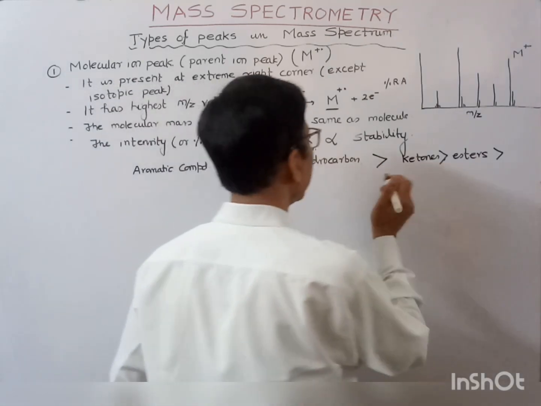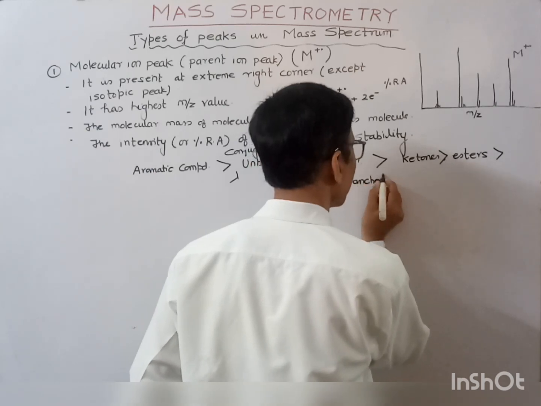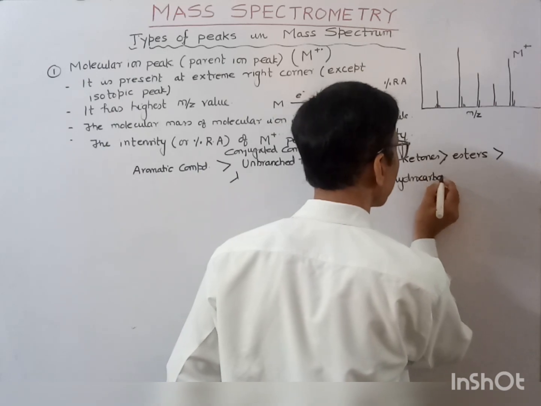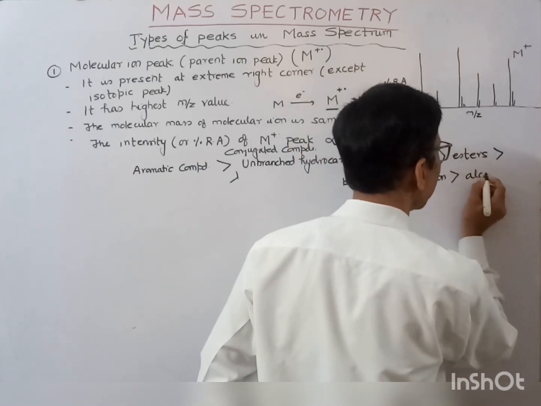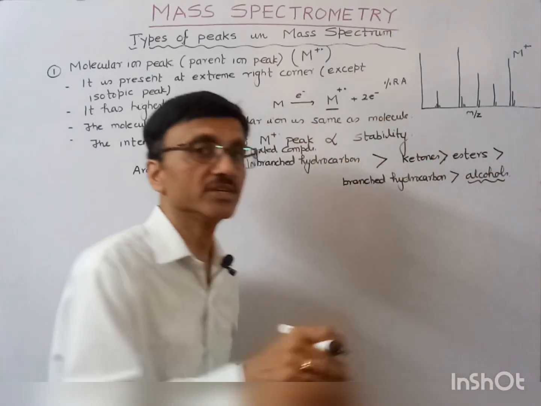Then we may have a branched hydrocarbon, and then alcohols. And you know, dehydration of alcohol easily takes place.